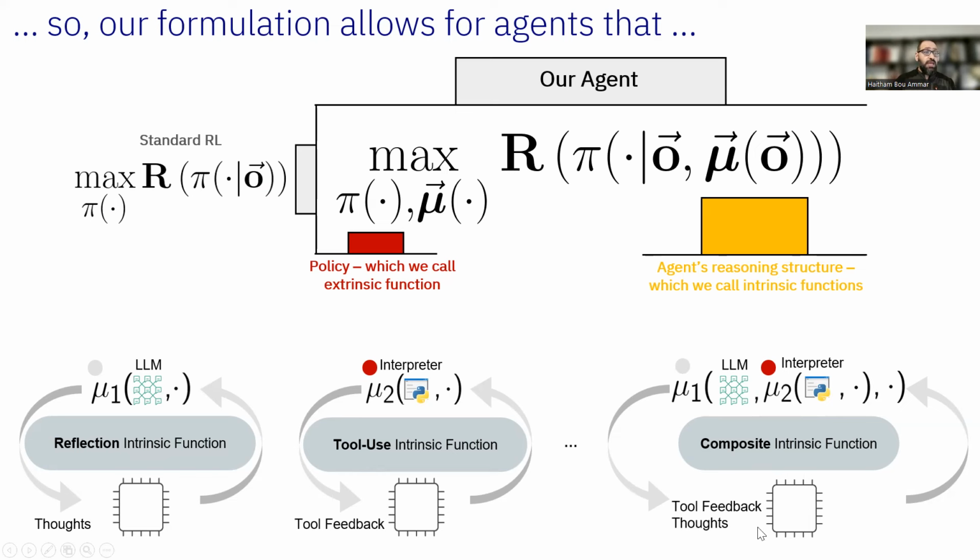And then the memory will change by generating thoughts maybe, and also tool feedback. So the idea is that you could nest those intrinsic functions in any way you like, and those intrinsic functions could be optimized separately, depending on the task you're interested in. They really constitute the reasoning process of the agent. That's why we call it structured reasoning, because here you can define the structure by which your reasoning process has to take place.